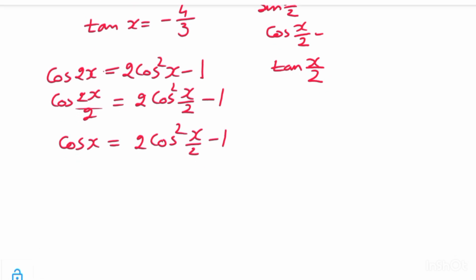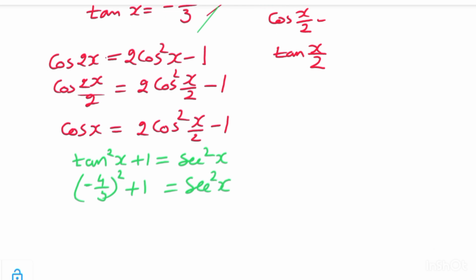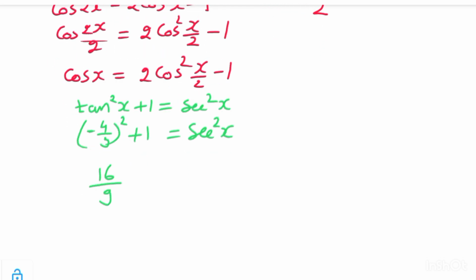Now we know tan x is minus 4 by 3. So from tan we can find sec, and from sec we can calculate the value of cos. So first we will find sec from the tan. So we know that tan square x plus 1 is equal to sec square x, and tan is given minus 4 by 3. So minus 4 by 3 square plus 1 is equal to sec square x, or 16 by 9 plus 1 is equal to sec square x.